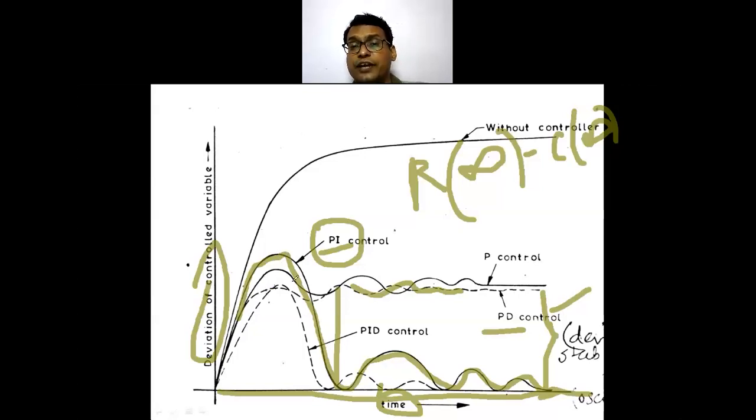However, in case of a derivative controller, there are fewer oscillations. Oscillations are damped, but there is an offset.